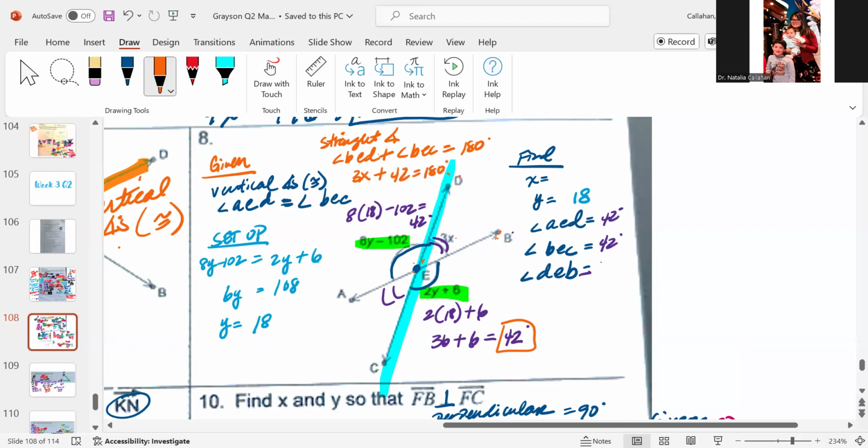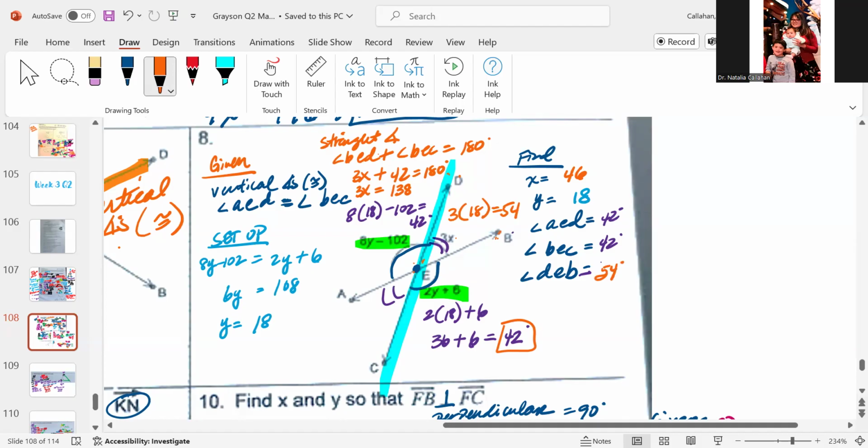Equals 180 degrees. So solve for that. That gives me 138 divided by 3. X is going to be 46. If X is equal to 46, DEB, that's 3x, right? 3 times 18 is going to give you a 54. 54 degrees.